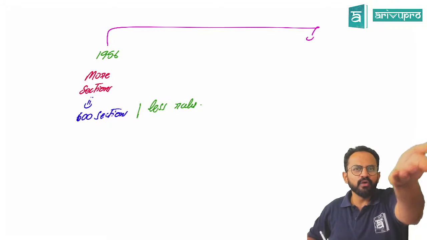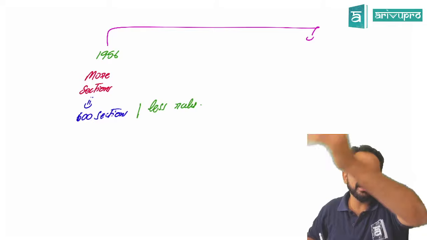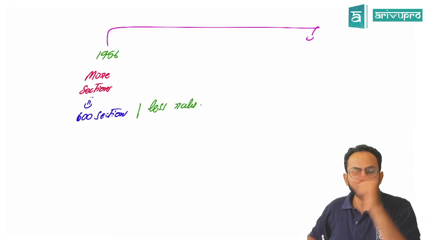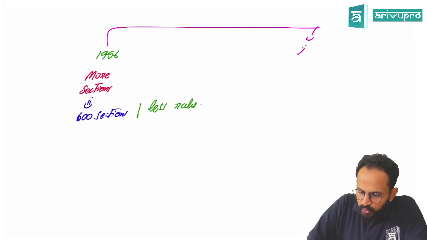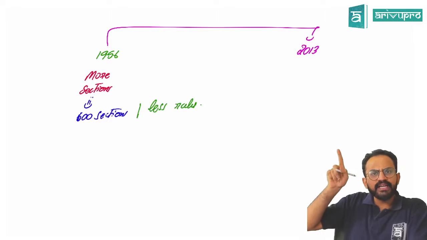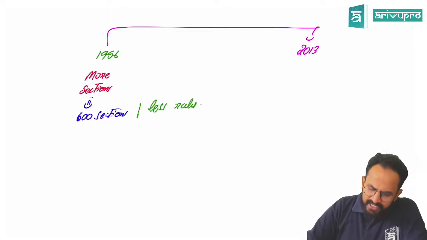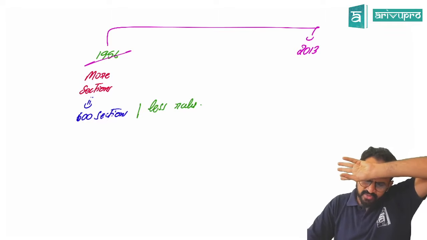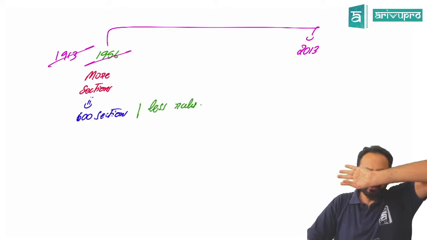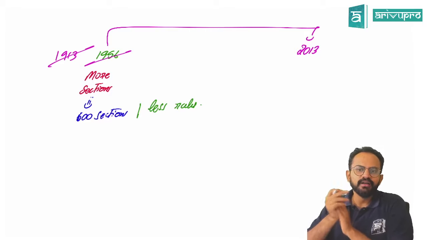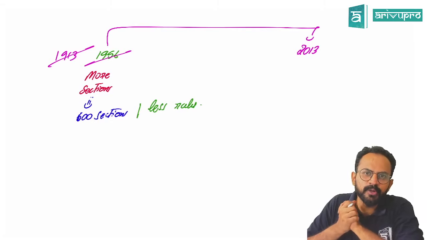We are reading 1956 now. Companies were cheating left and right, and we could not hold them well. So we introduced a new law called the Companies Act 2013. It repealed all the previous company laws, that is your 1956 and 1913. Everything was repealed. Now it is one consolidated law, which is called the Companies Act 2013.